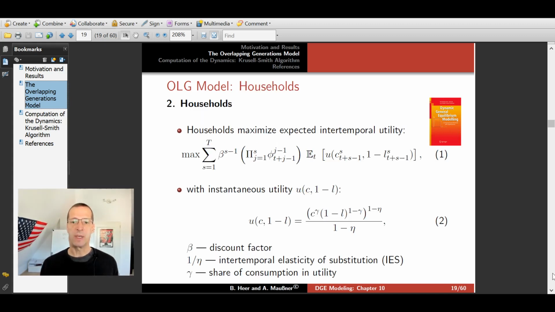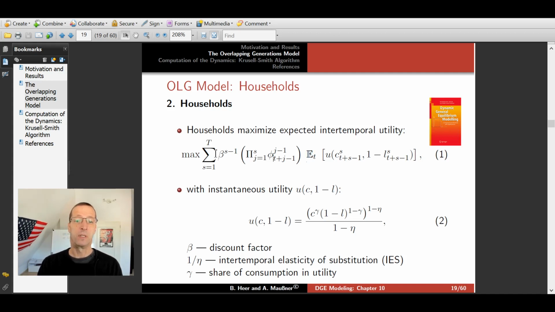The households, they maximize intertemporal utility, and they discount expected utility by instantaneous utility in every period by the factor beta. Now, they only survive with a probability phi to enjoy utility from consumption c and leisure 1 minus l. Now, we also have the expectation operator here, E_t, because households' productivity and hence income, consumption, and labor is stochastic.